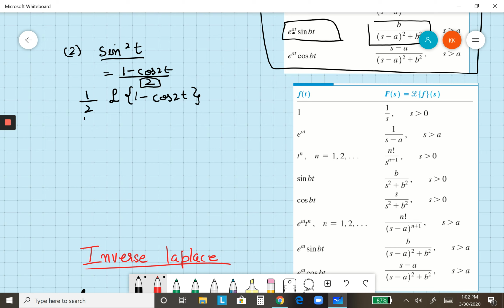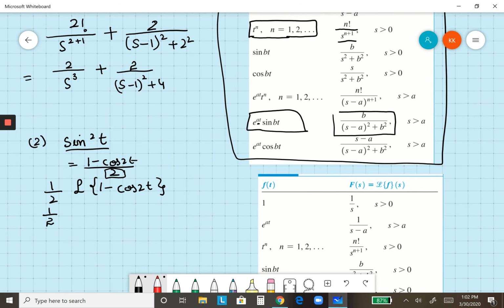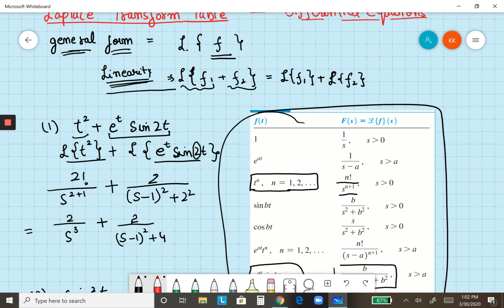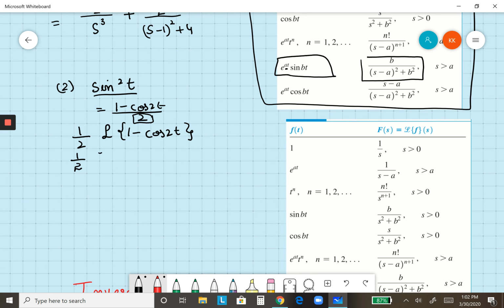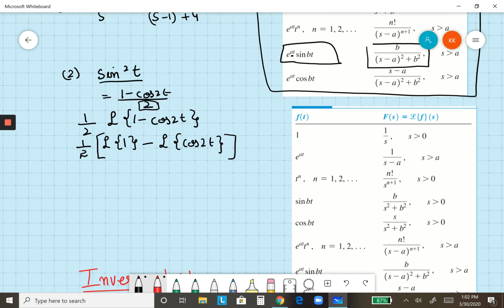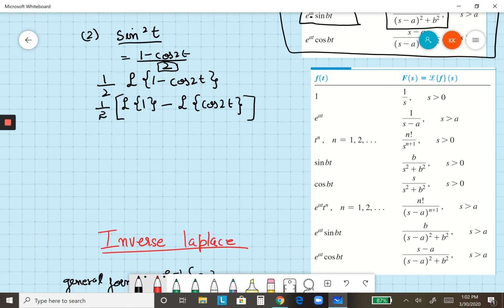And here we can use the property we just learned, which is linearity, where we can distribute the Laplace. So here it will be L of 1 minus L of cosine 2t. Looking at the table, we know that it's the first point, which is 1, which gives us 1 over s.